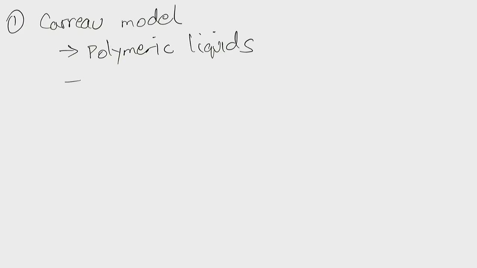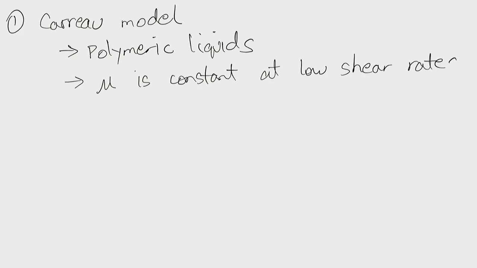And so what ends up happening with polymeric liquids, specifically dense polymeric liquids, is that mu is constant at low shear rates. However, when you bump up the shear rate, so at high shear rates, and I'll talk about what constitutes low versus high in a second, at low shear rates, mu is constant, behaves like a Newtonian fluid.